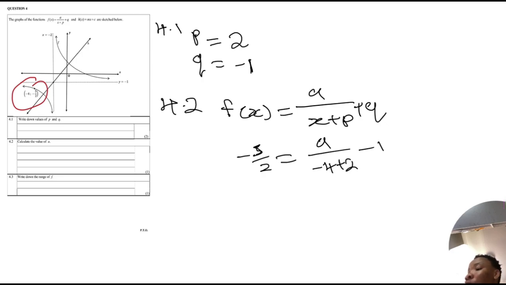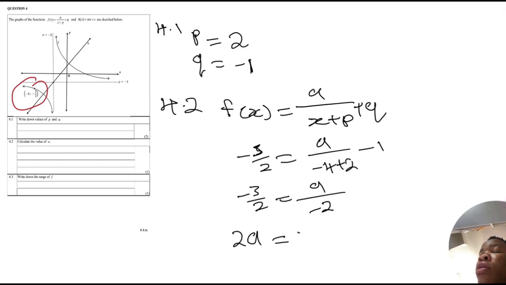We'll have -5/2 plus 1, which is -3/2. -3/2 equals A all over -4 plus 2, which will be -2. Then now we cross multiply. We will have A equals 6. We divide by 2.